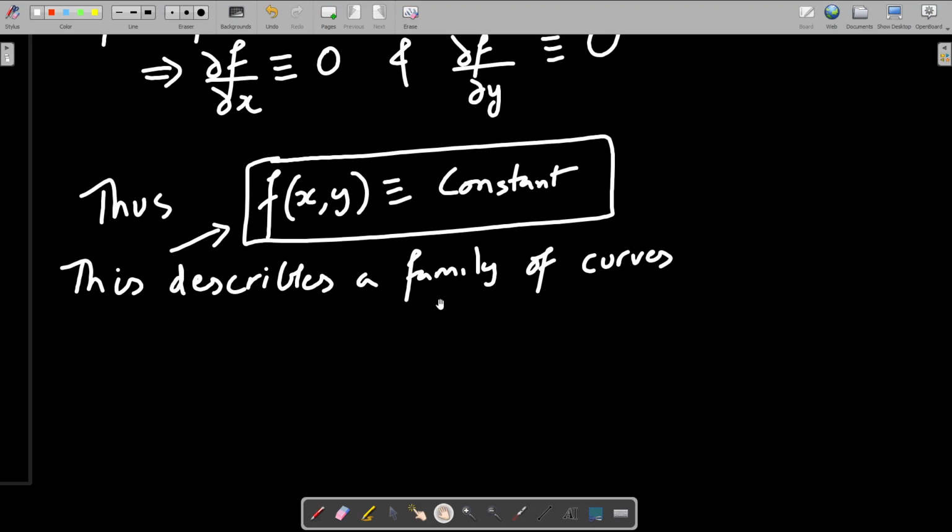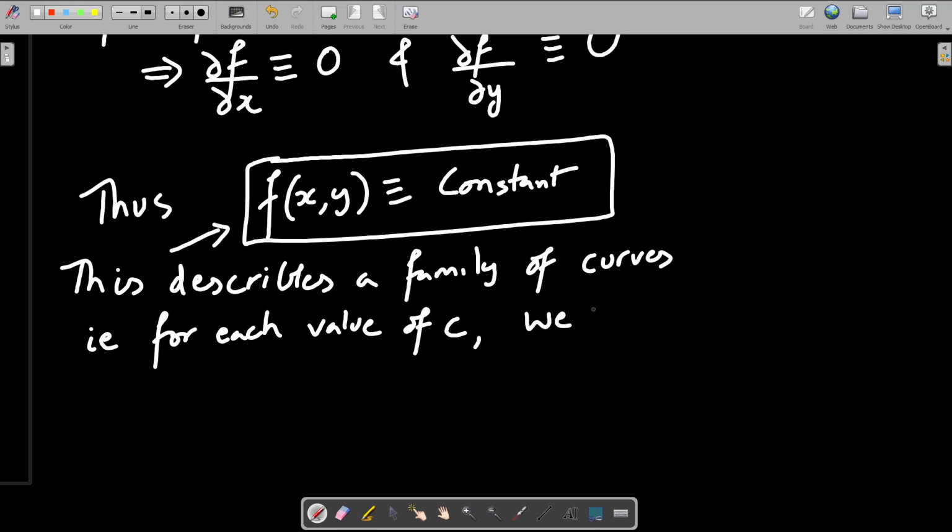For each value of c, we get a new curve.